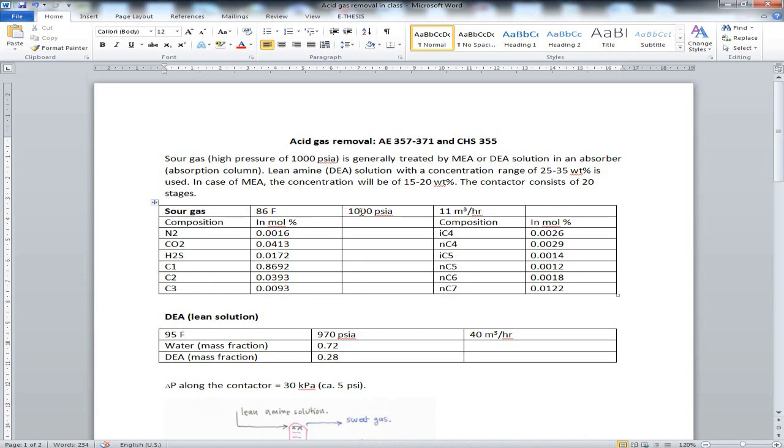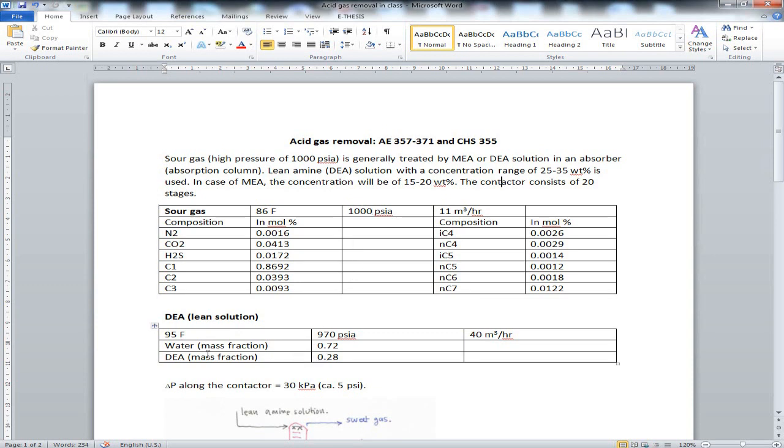This one will feed into the column at 1000 psi, which will contact with the DEA lean solution, which has a little bit lower pressure to provide some pressure drop from top to bottom.